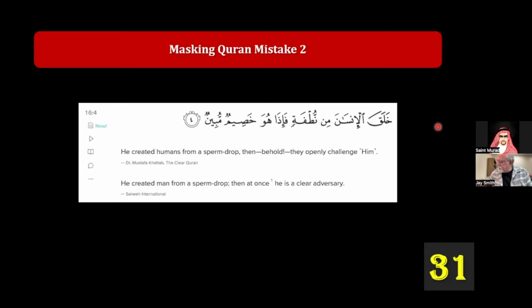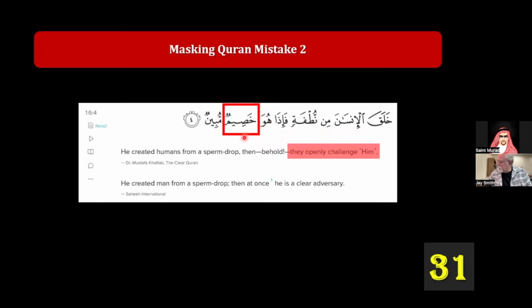Terrific. Okay, so now we will move to masking Quranic error number 2. We will just lay the foundation first. The word here is Haseem. In the Arabic it says خلق الإنسان من نطفة فإذا هو خصيم مبين. The word Haseem is the same as khism, which means opposition.